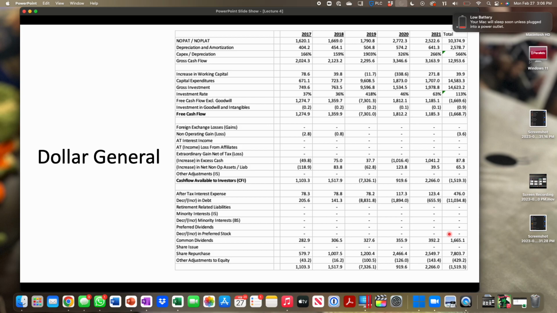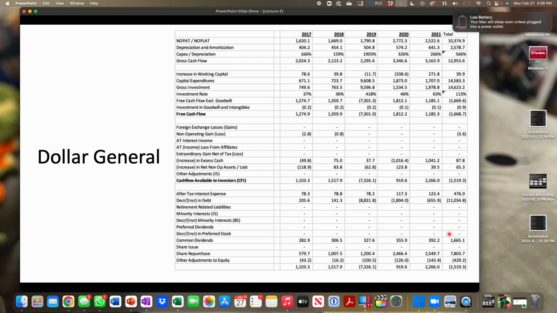But they still needed to borrow, or sold off some non-operating assets that generate 65 million. And so, decreased their excess cash by 87.8 million and sold off 65 million, which got them to negative 1.5 billion of CFI.